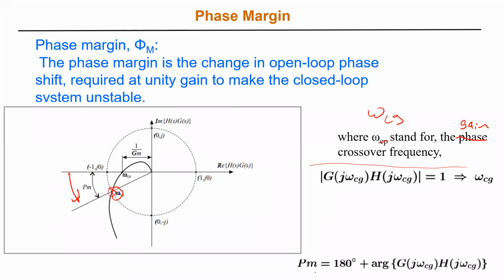The phase margin is 180 degrees plus the phase at omega CG. So we are calculating this, and then how much I need to go to the 180 degrees. That's my phase margin. This is the way I evaluate my phase margin.